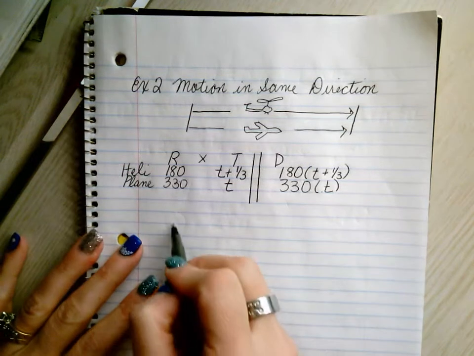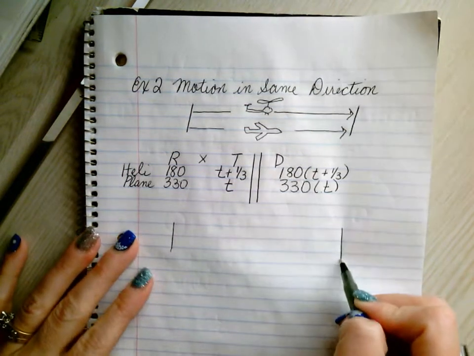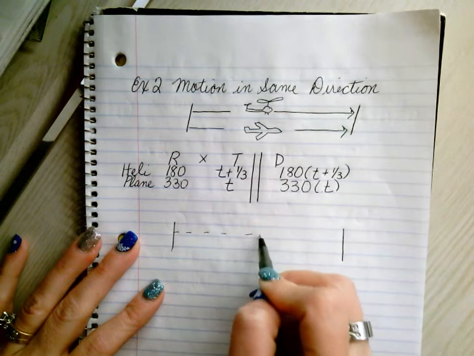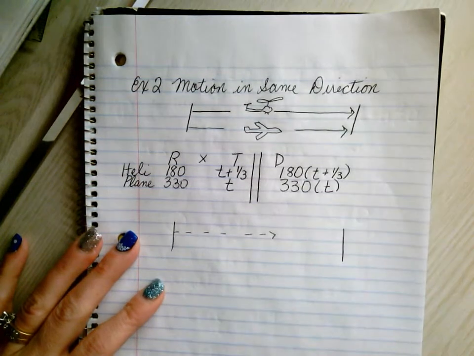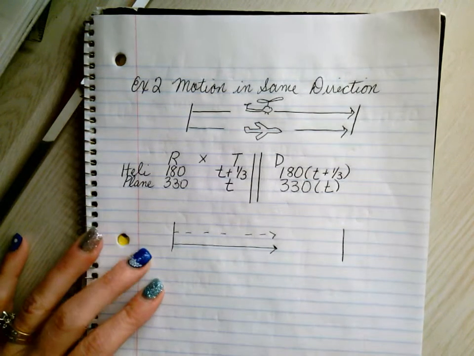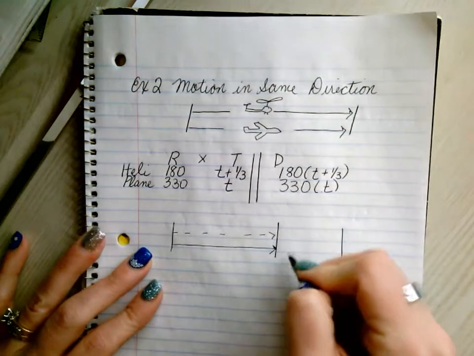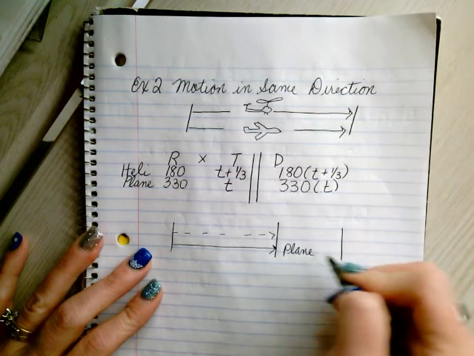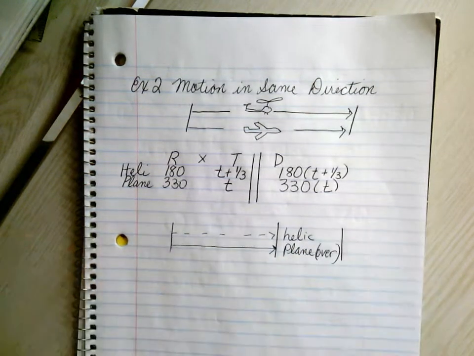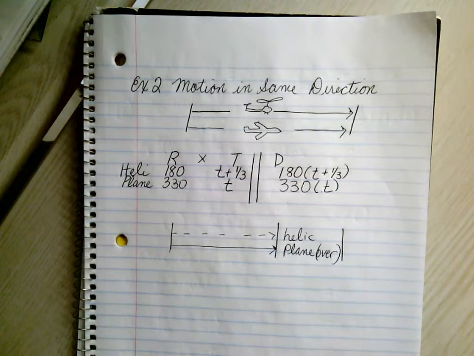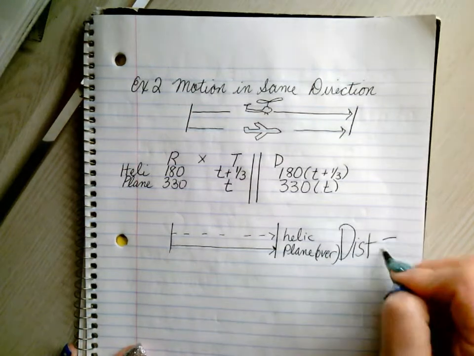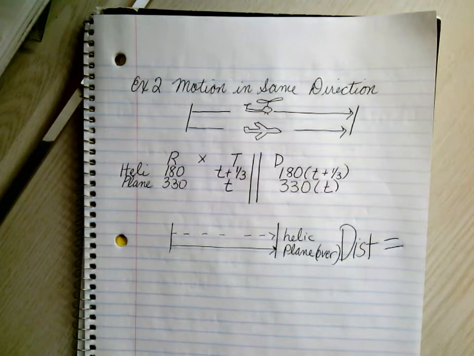If the helicopter and the plane start from the same location, and the helicopter's just puttering along, at this point the plane has overtaken the helicopter, in other words, caught up to it. At that point, their distances are equal to one another.